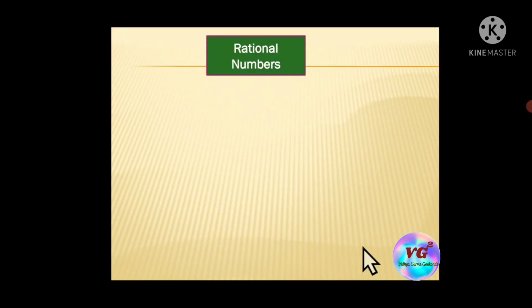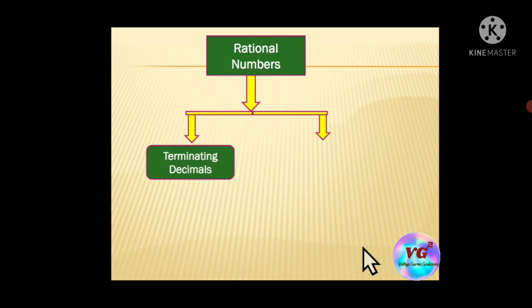So today we saw about decimal expansion of rational numbers. When we convert rational numbers in decimal form, either we can get terminating decimals or we can get non-terminating recurring decimals.